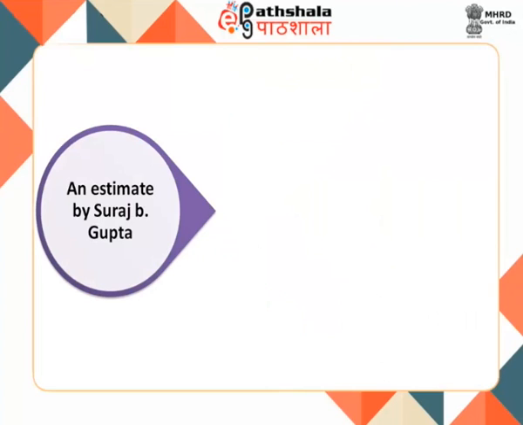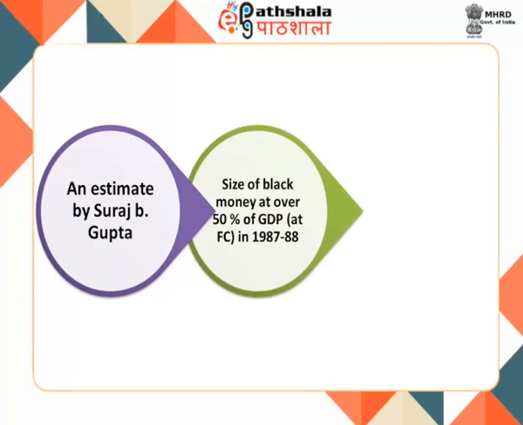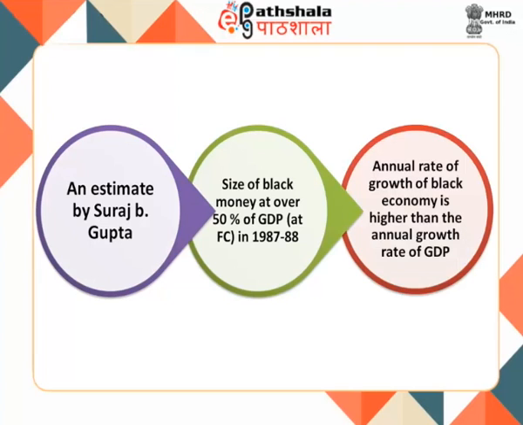An estimate by Suraj B. Gupta has put the size of black money at over 50% of GDP at factor cost in 1987-88. It is also stated that the annual rate of growth of the black economy is higher than the annual growth rate of GDP.